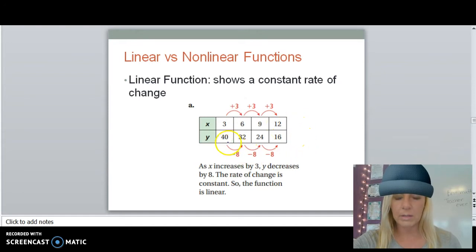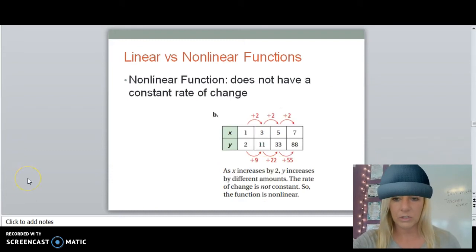Therefore, our output: 40 minus 8 is 32, 32 minus 8 is 24, 24 minus 8 is 16. So as x increases by 3 and y decreases by 8, the rate of change is constant, meaning it stays the same between both our x values and our y values. Because of this, our function is linear.